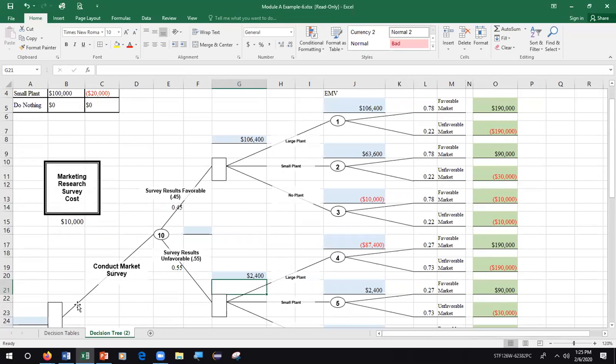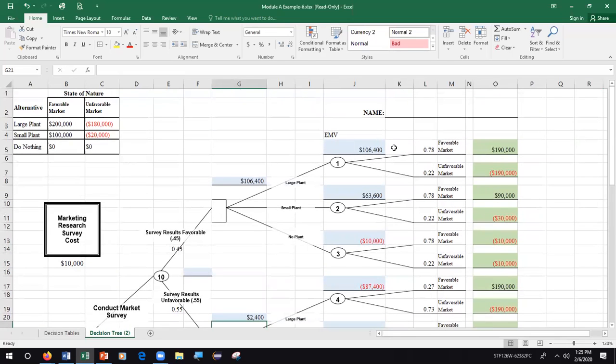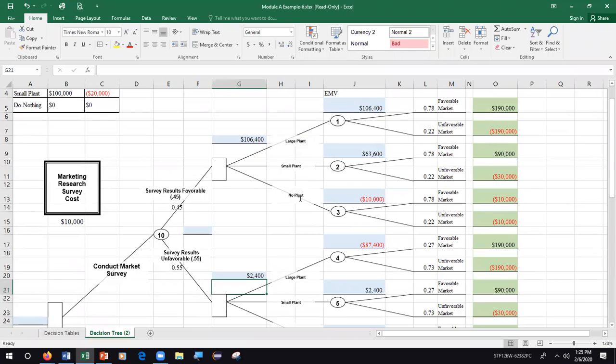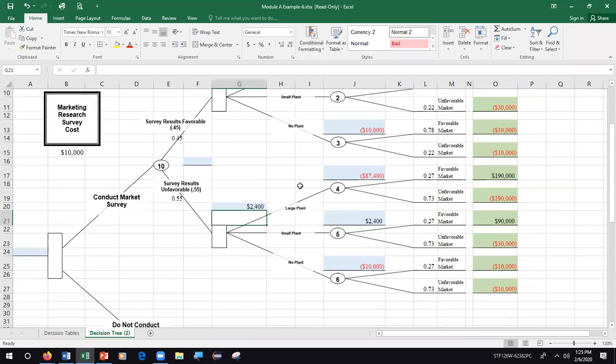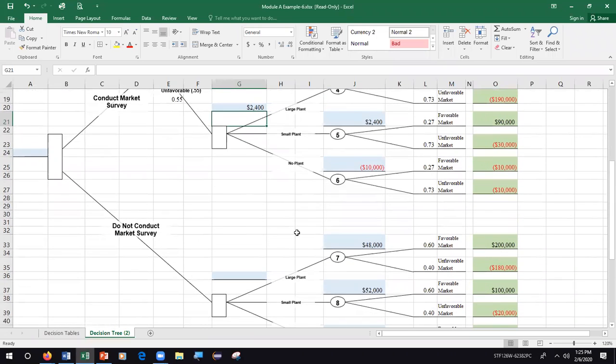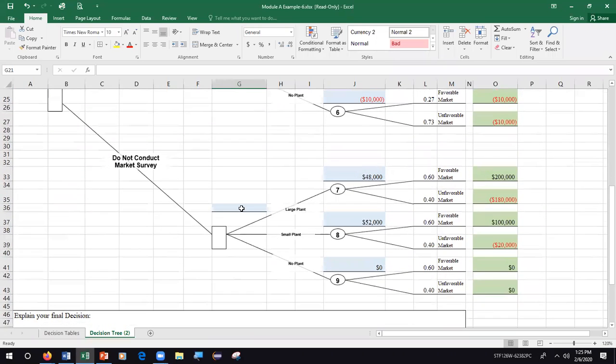In this case, if we decide to conduct a survey and our results are favorable, which one are we going to select? The large plant, small plant, or no plant? Large plant. Conversely, if we decide to conduct a survey and survey results are unfavorable, we're going to select which plant? Small plant. Yep.